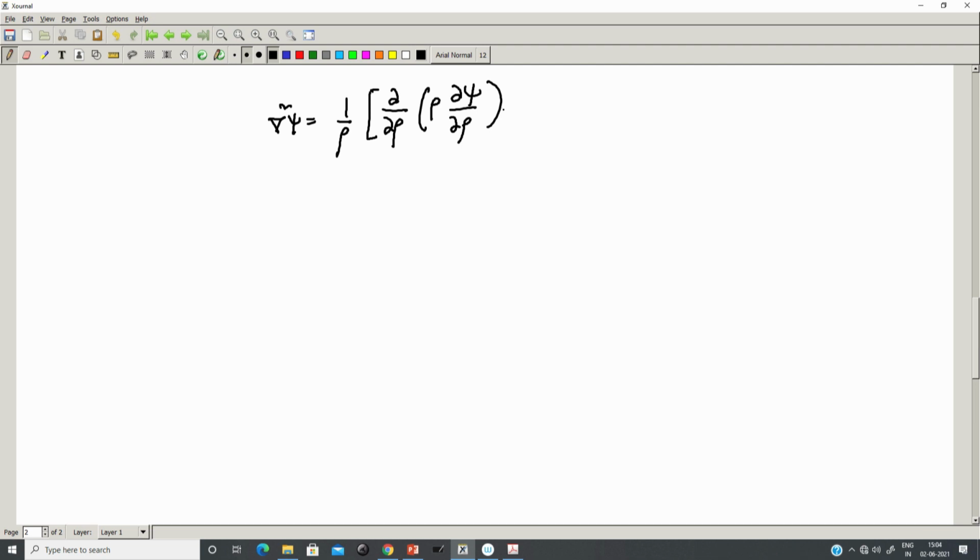So, all we are doing, we are substituting h 1, h 2, h 3, u v w in the previous equation for grad square psi, plus del phi of 1 by rho del psi del phi, plus del z of rho del psi del z.